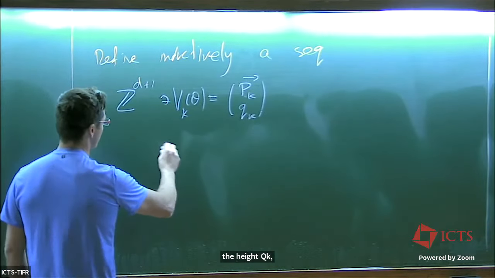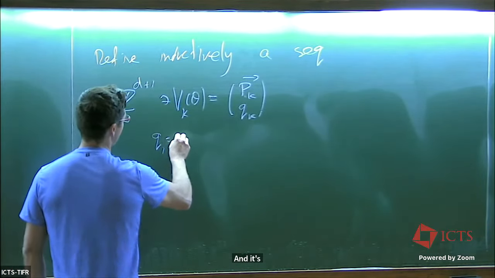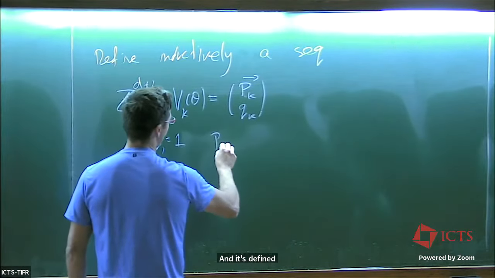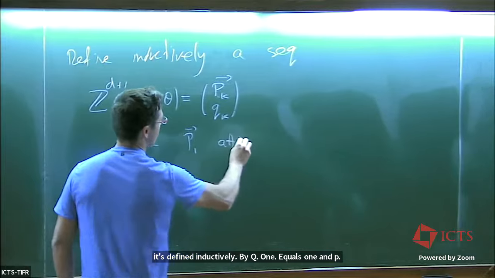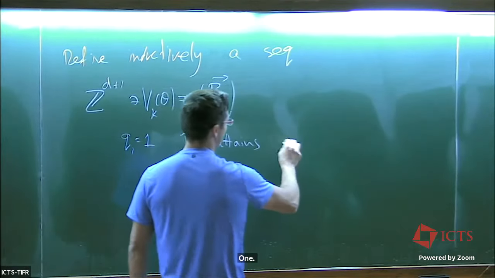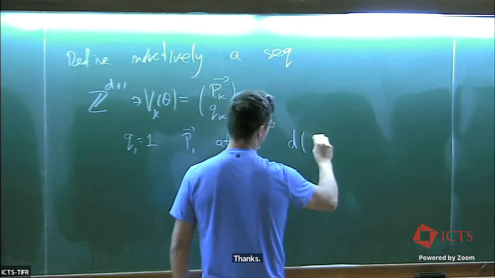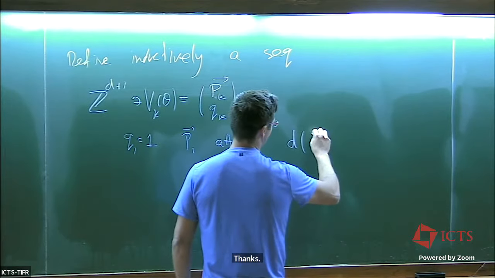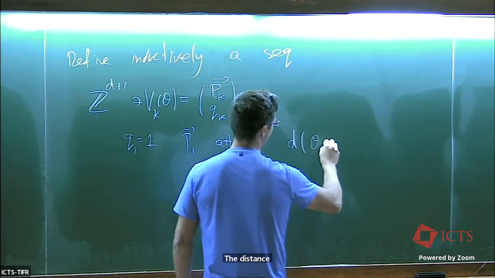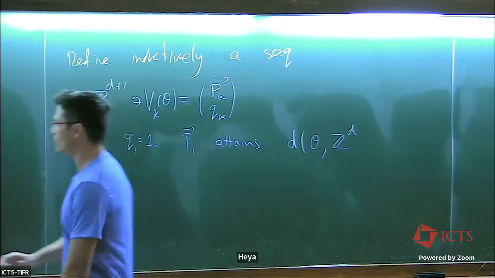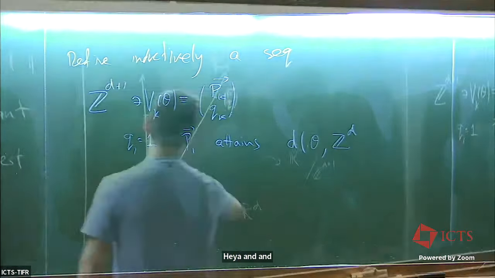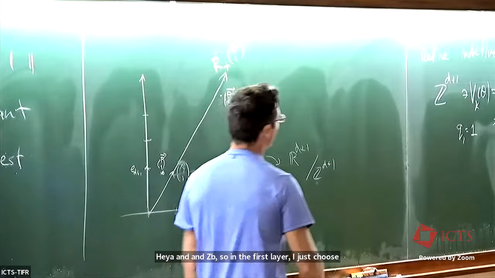It's defined inductively by Q_1 equals 1 and P_1 attains the distance between theta and Z^d. So in the first layer, I just choose the closest integral vector.